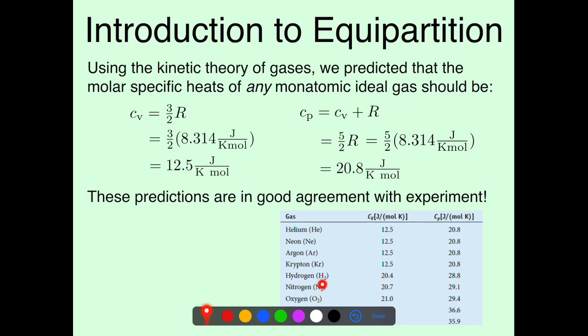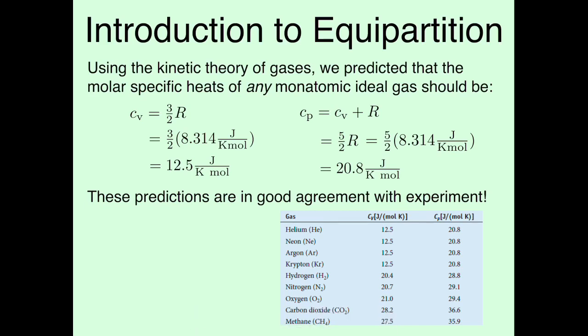This is another diatomic gas. Oxygen, O2, another diatomic gas. And if you compare all of those, you'll see the value of CV is different from the monatomic gases, but they're all the same for the diatomic gases. So they're all around 21 for CV, and they're all pretty close to 29 for CP.